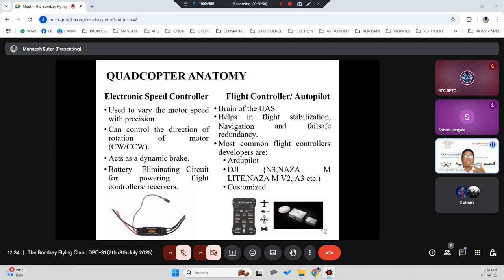But the electronic speed controller is a very stable circuit, a battery eliminating circuit for powering flight controllers and receivers, where you need a very good source of power. Stable power. There should not be spikes in your power which can damage your electronic devices. So basically the ESC protects all your components from that kind of surge.